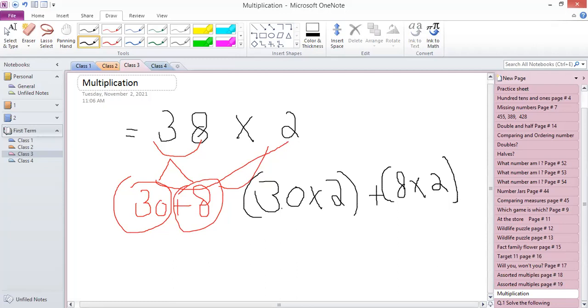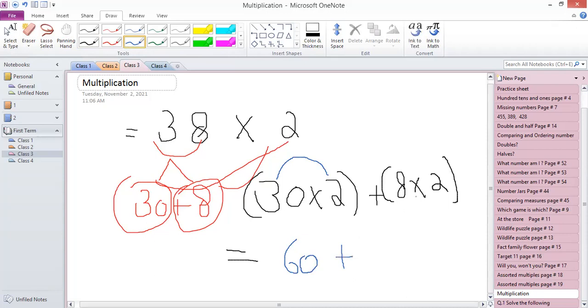Whenever you have 0 in the ones place, it is very easy to multiply. You just need to multiply 2 by 3, that is equal to 6, and the 0 will remain the same. So you don't need vertical multiplication for that.